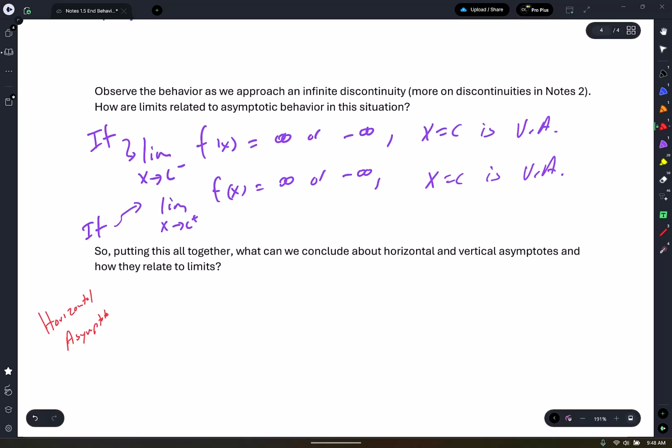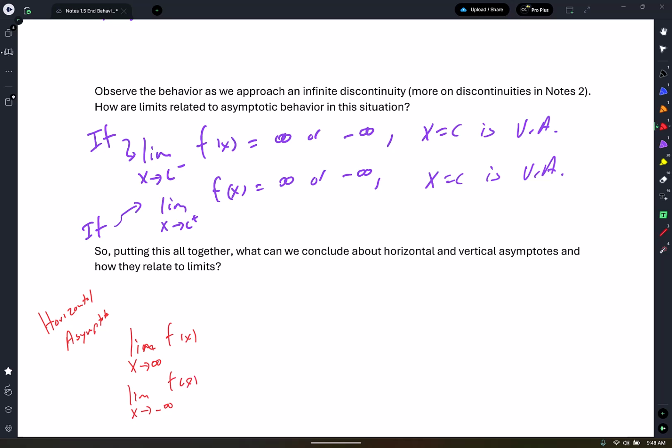Horizontal asymptotes only apply for x approaches infinity or negative infinity of some function. If you have a value, and I'm going to say L for limit, then y equals L is a horizontal asymptote.